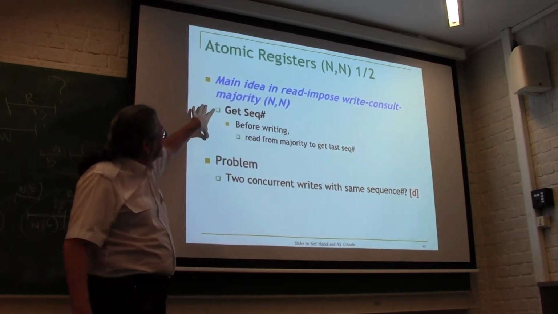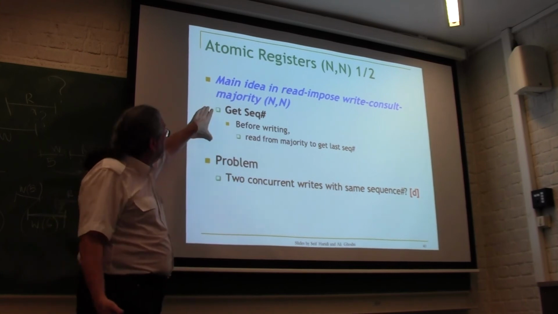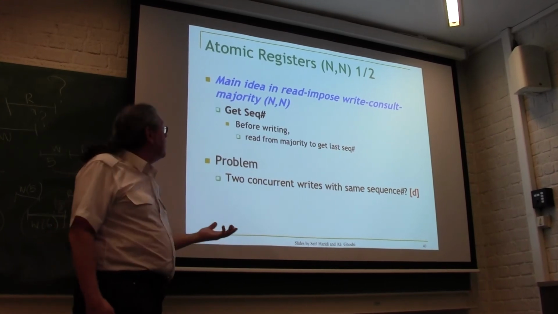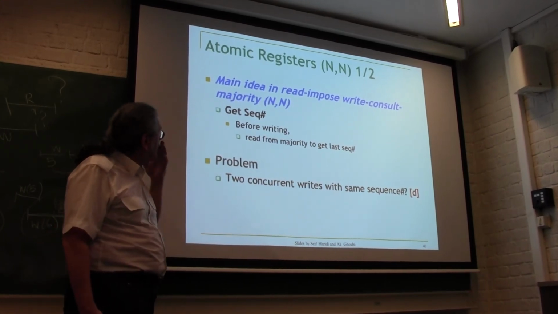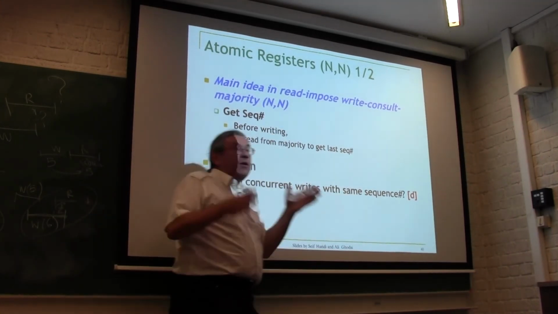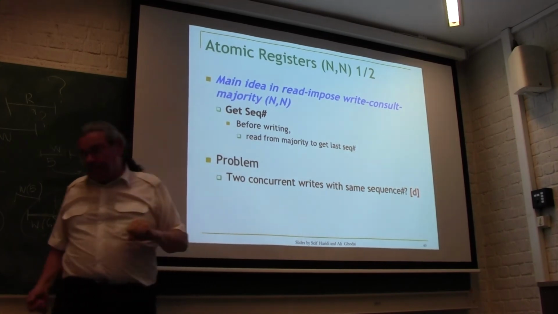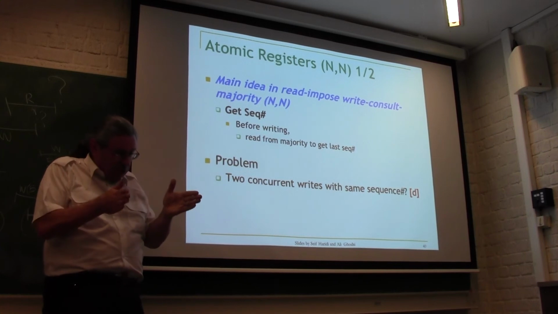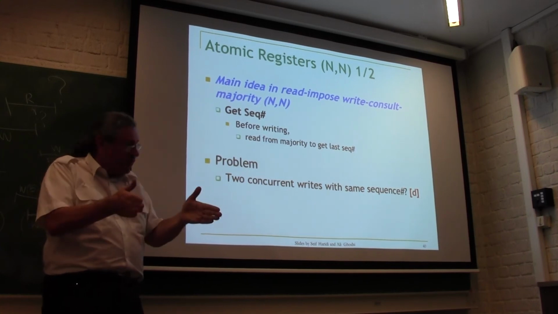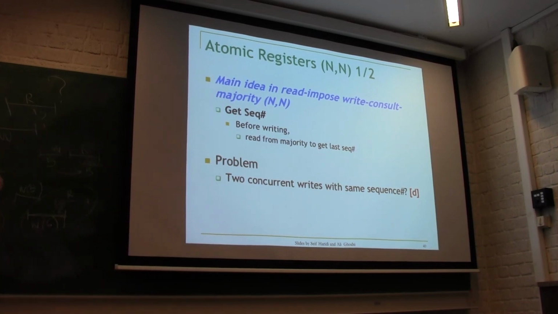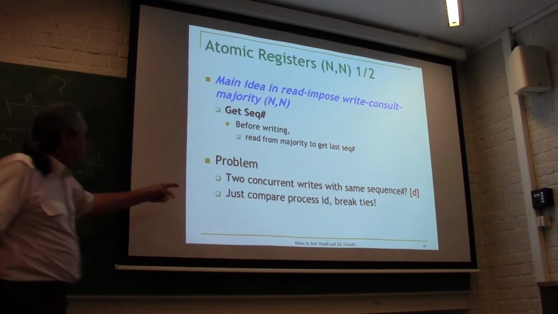So this gets complicated, you see. There are two extra things with respect to the regular register. What if you do two concurrent writes with the same sequence number? You have to break the ties. So there are still a few little tweaks you have to do. If two nodes do concurrent writes and they have gotten the same sequence numbers, then somehow there has to be a global order between them. So you have to do a tie break.